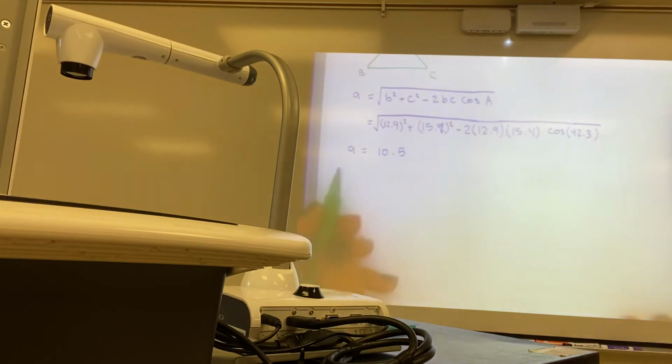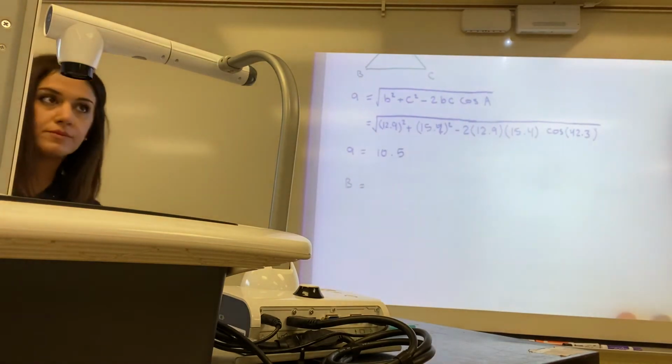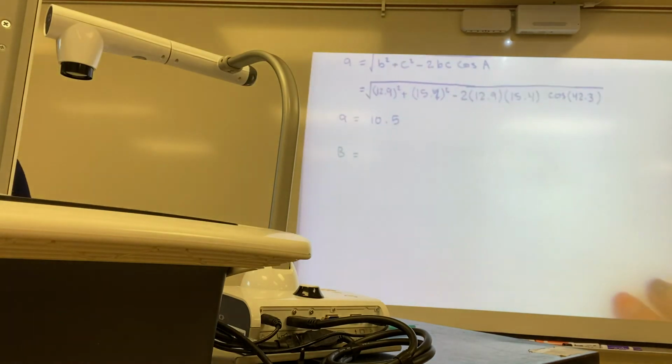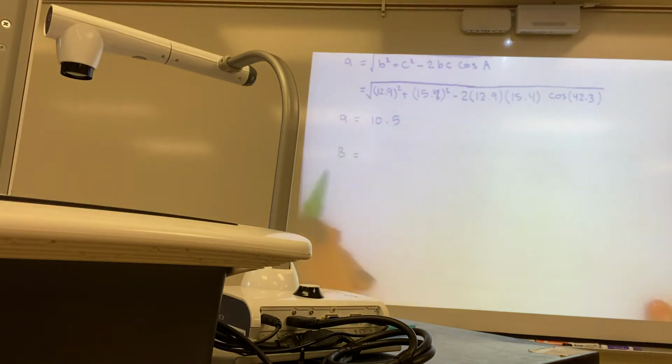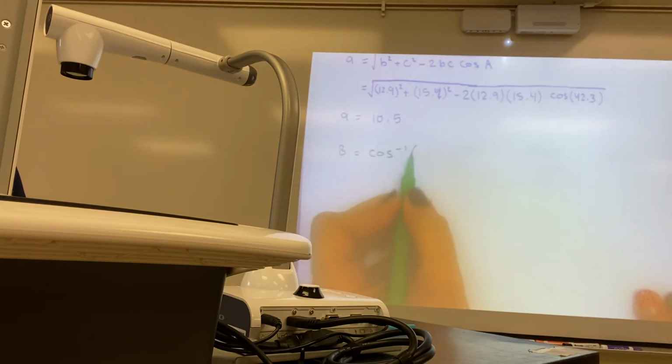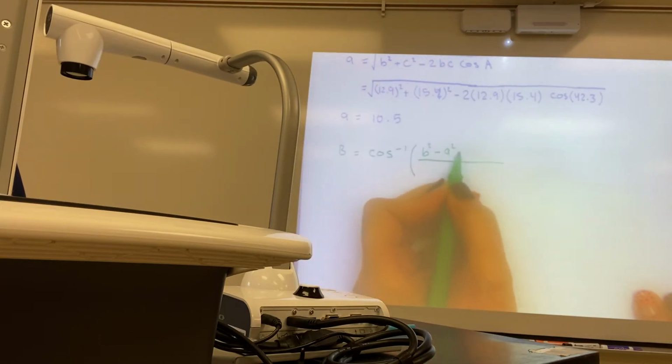So for angle B, remember we said we'll take the cosine inverse of, and let's put the formula here, B squared minus A squared minus C squared divided by negative 2AC.